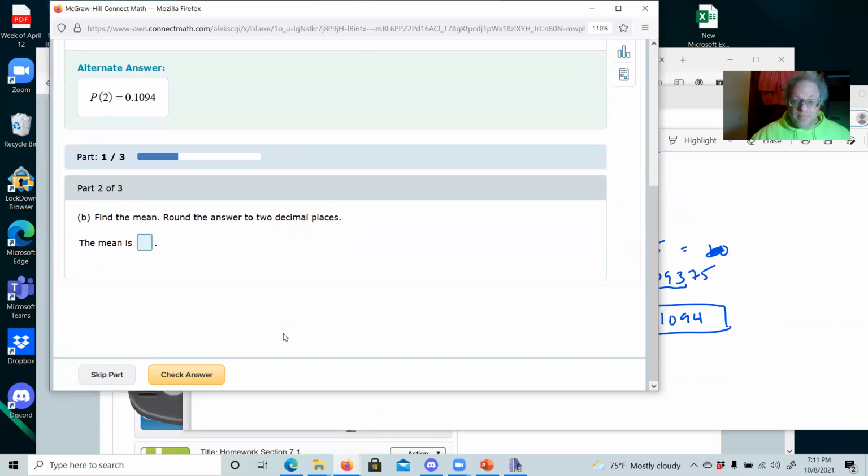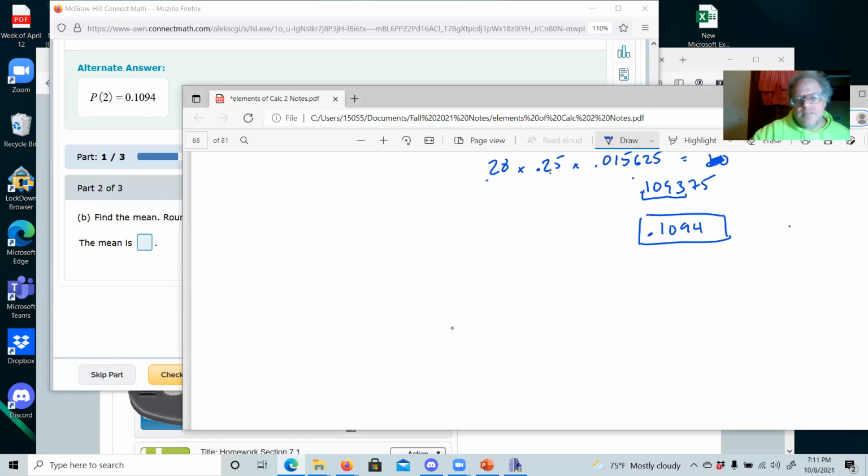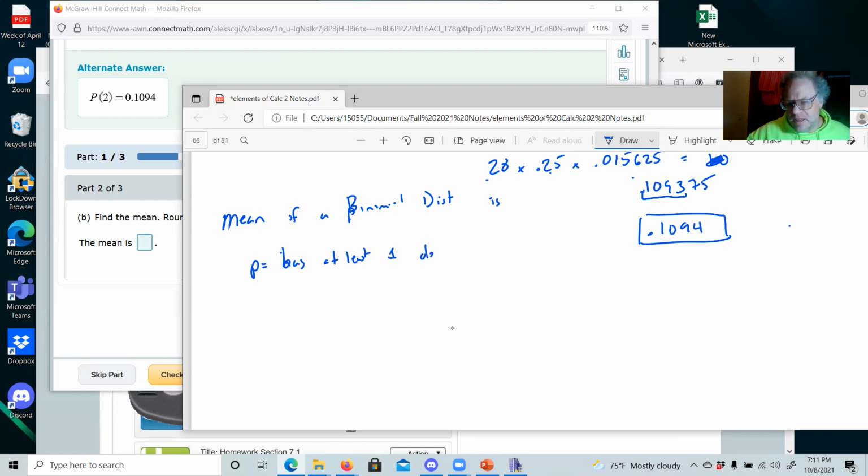Okay, find the mean. This is one I would generally expect you guys to memorize, the formula for the mean of a binomial distribution. Well, let me ask you. If I know that the incidence of a household having a dog, not in my neighborhood, it's a lot higher, but overall, the probability of having at least one dog is 30%.